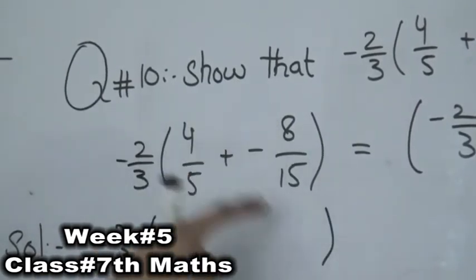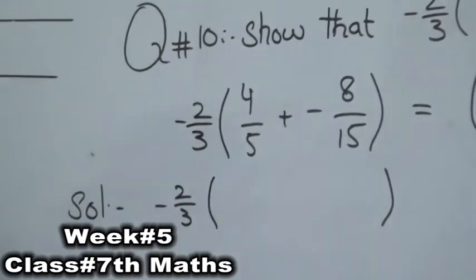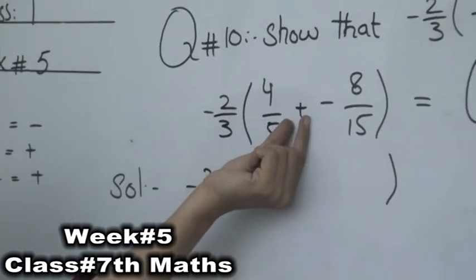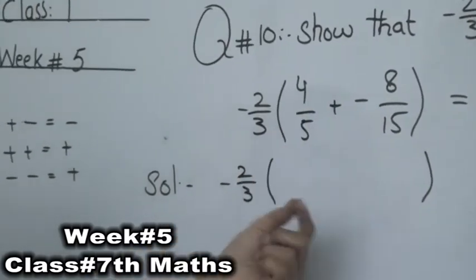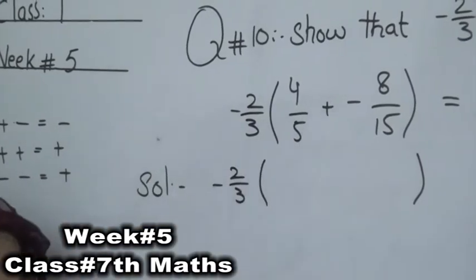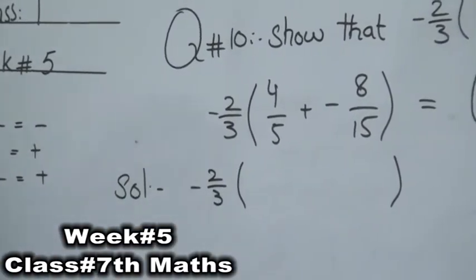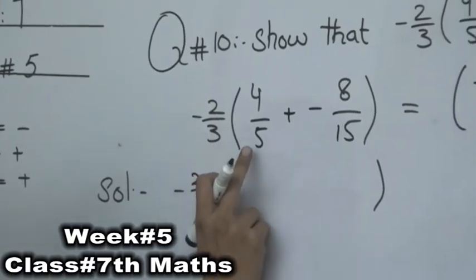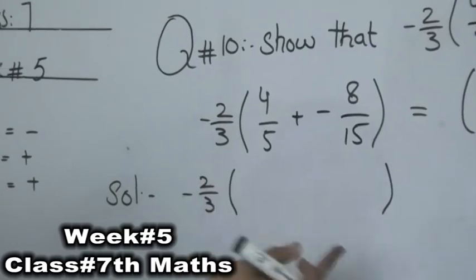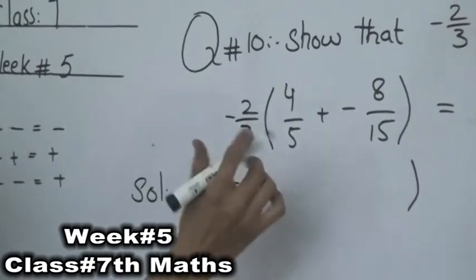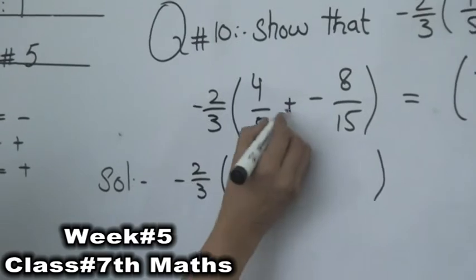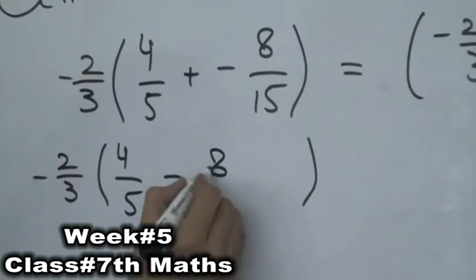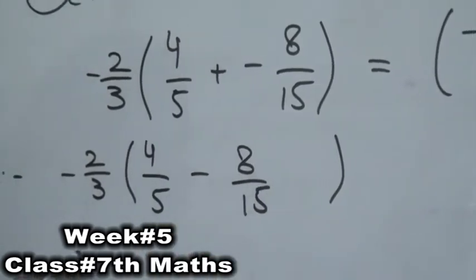Minus 2 by 3. Here we cannot cancel the rational numbers, because there is a sign of addition and subtraction included. If there is a sign of multiplication, we can cancel, but when there is a sign of addition, we have to make the denominators the same first, then we will proceed further. 4 by 5 plus minus 8 by 15.